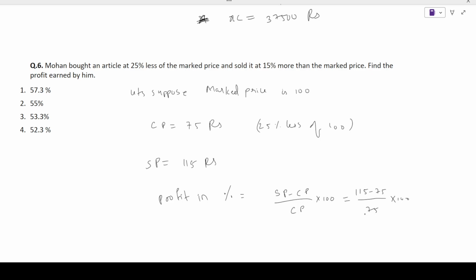We have here 25 3s are 75 and 25 4s are 100.